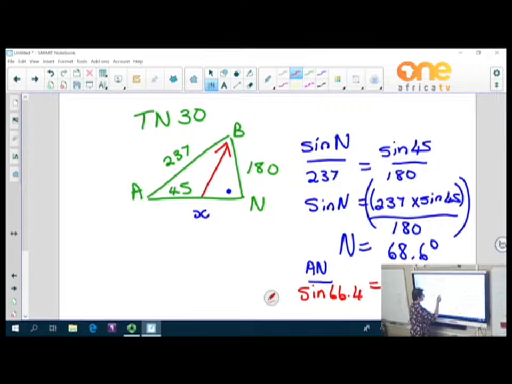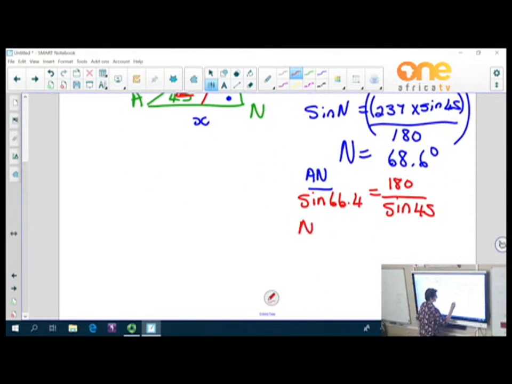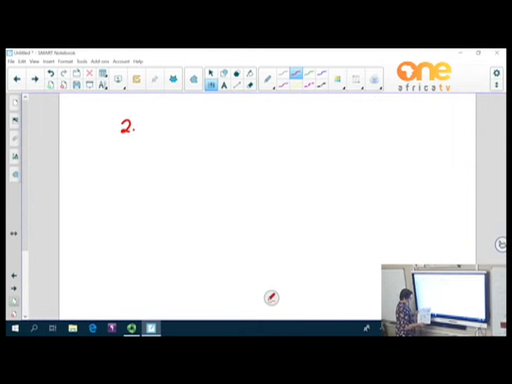Remember, they must be opposite each other, over sine 45. And if we press the calculator now, AN is 180 times sine 66.4 divide by sine 45, and the distance then is 233 meters. The distance there.